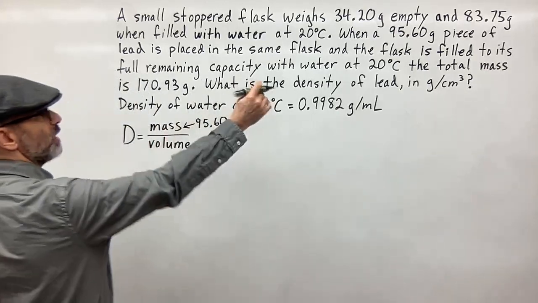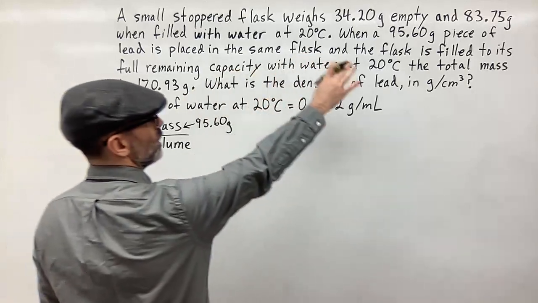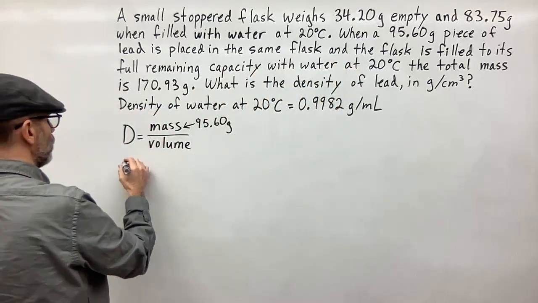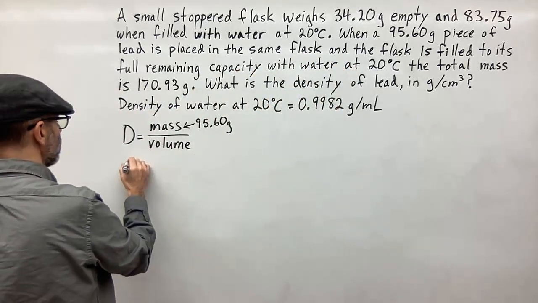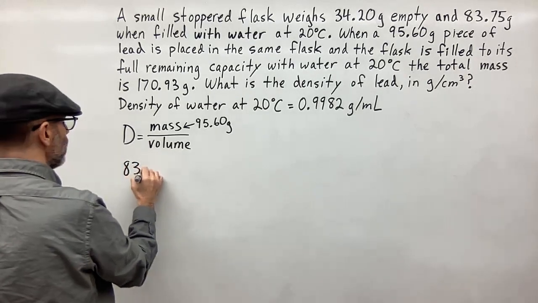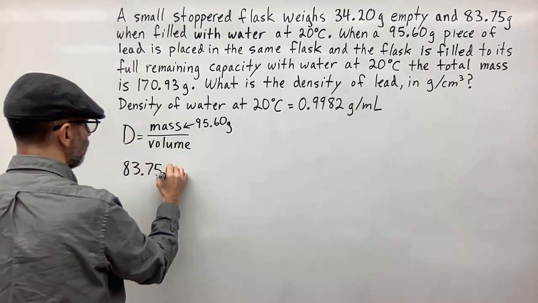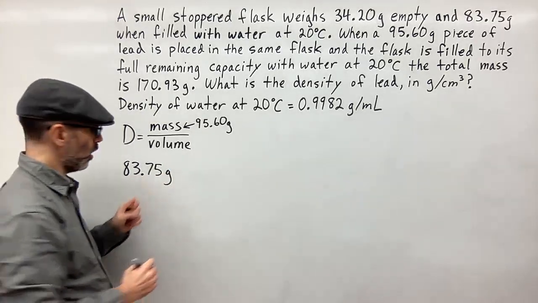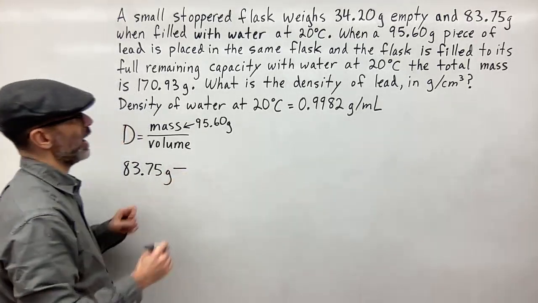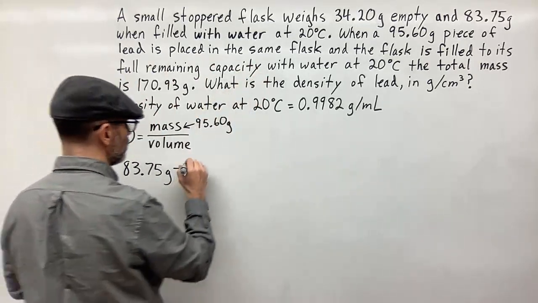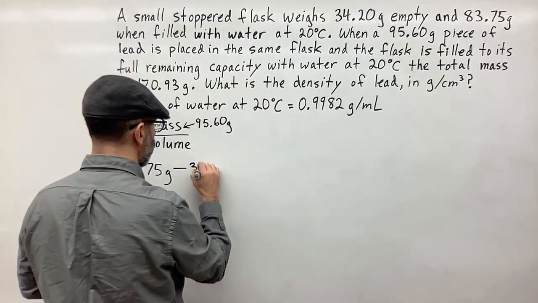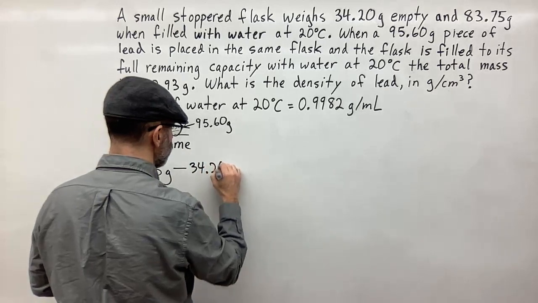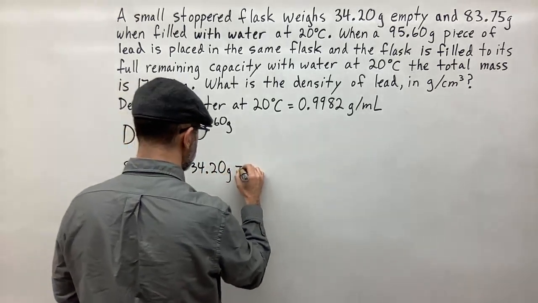So we got to find the mass of the water in the flask. So we're going to take the 83.75 grams. This is the mass with the flask and the water. We're going to subtract out just the mass of the empty flask, which is 34.20 grams.